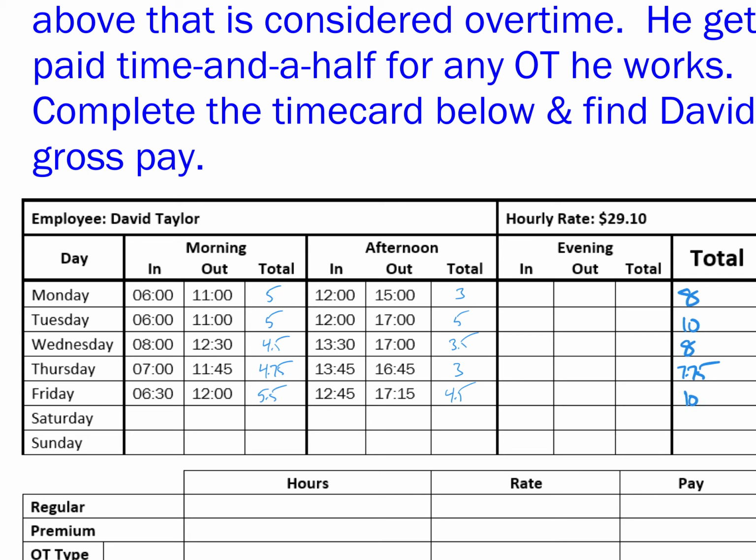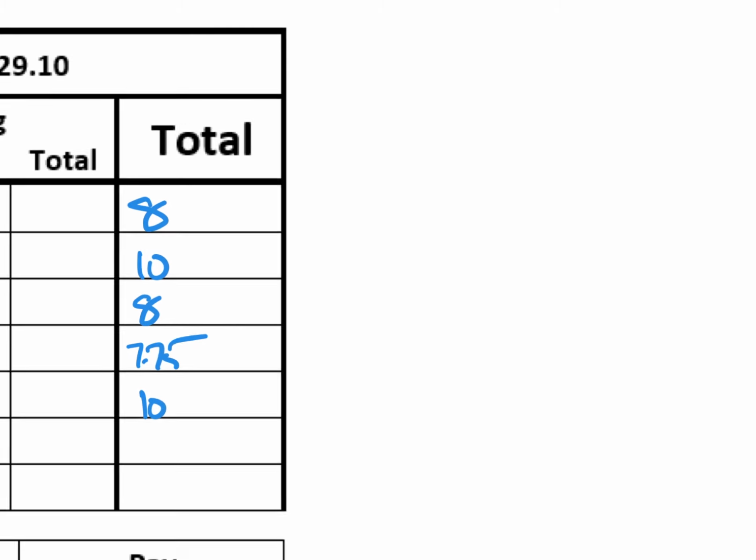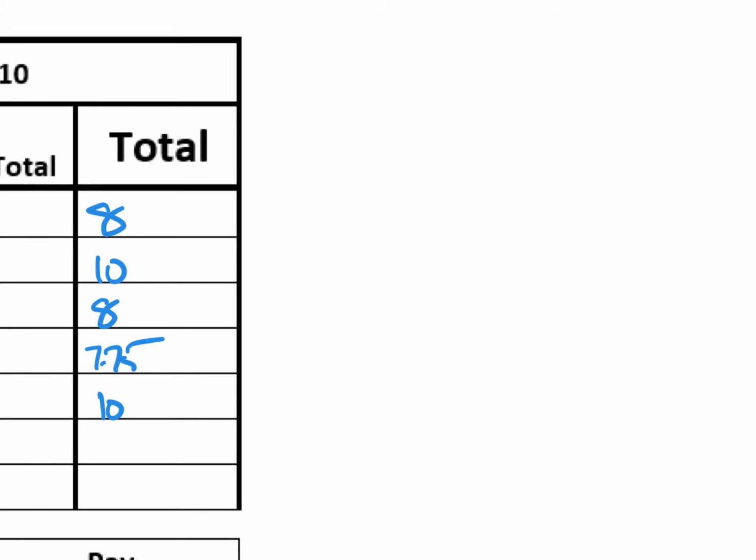Okay. So this is a little less obvious, but now what we need to do is hone in on these daily totals and try to figure out if there's any overtime worked here. So Monday, does he work any overtime?